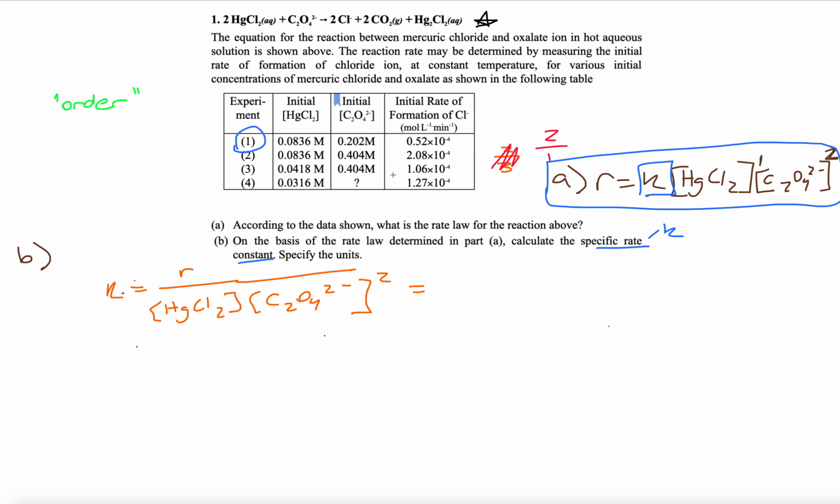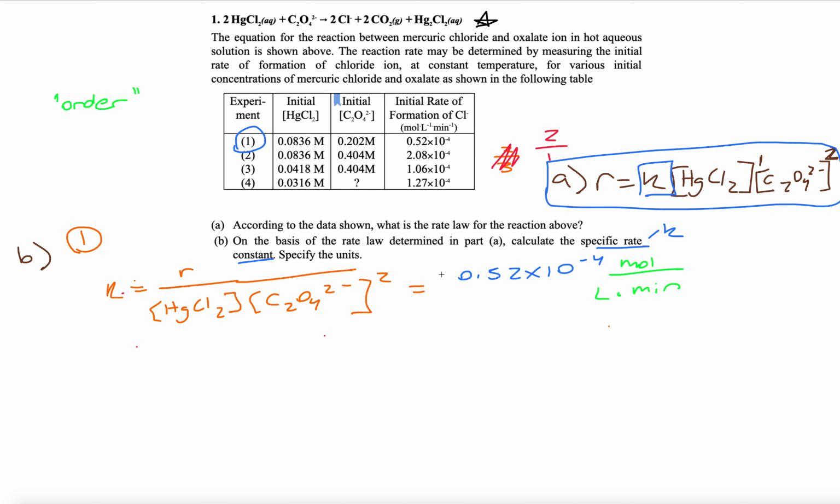So let's plug in our R value for experiment 1. You can really go with any of these experiments and it will all work. So we have 0.52 times 10 to the negative 4. Do not forget units. These units are so important. Moles per liter times min.